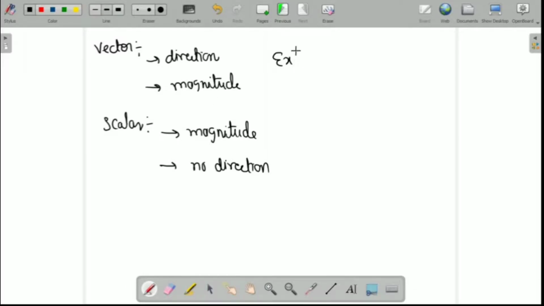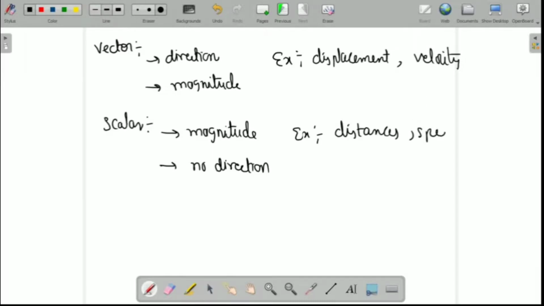Example: displacement is a vector, distance is a scalar. Velocity is a vector quantity, speed is a scalar quantity.